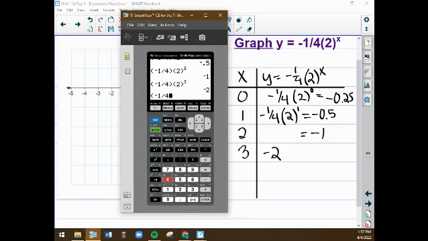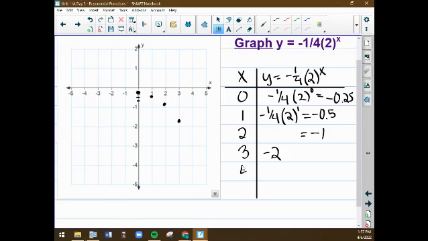Negative 1/4 times 2 to the 4th is negative 4. So now I can see where it's going. If I can see that little curve right here, it's going to go down.